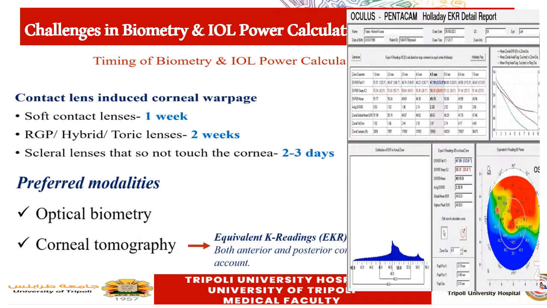So as I explained before, this is the topography map for the effective K readings, and over a zone of 4.5 millimeter is taken, and the peak here represents the EKR, and this EKR can be used with a standard IOL formula, and we have to choose the proper IOL formula for these patients.